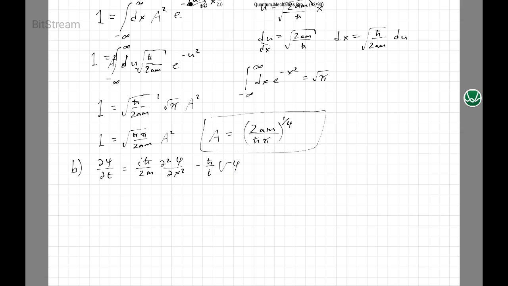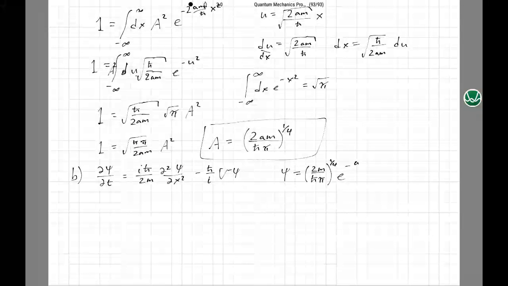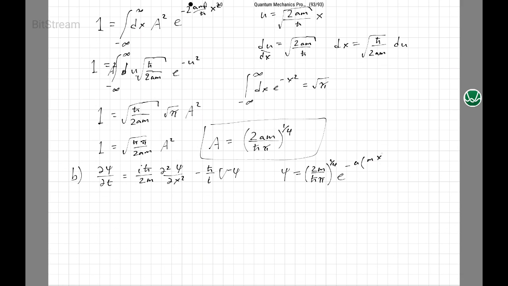And it wants to know for what value of that potential energy function do you have a solution such that psi equals, now we know A, and then we get, it's the 1/4, that was negative a m x squared over h bar plus it.